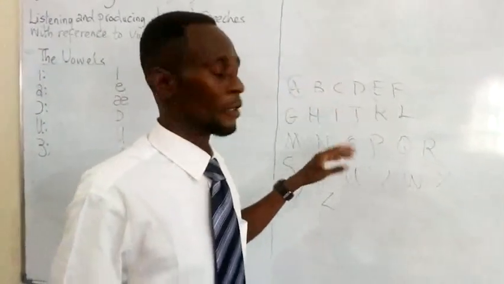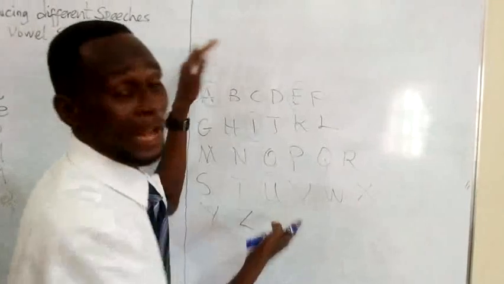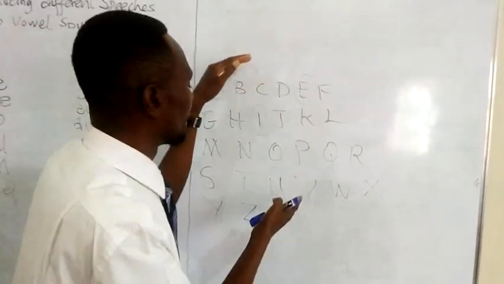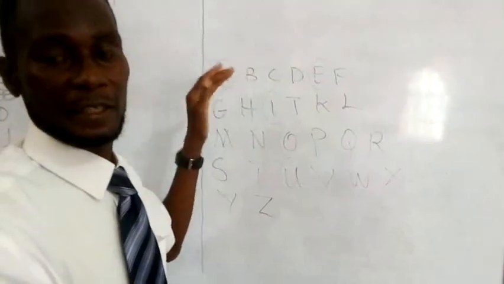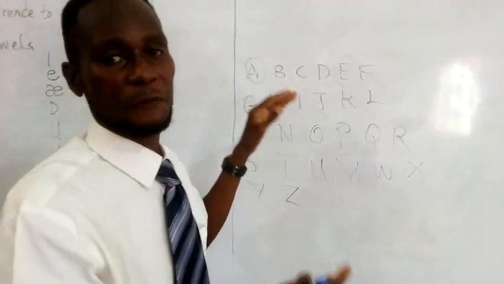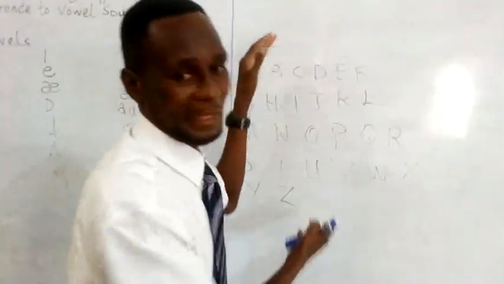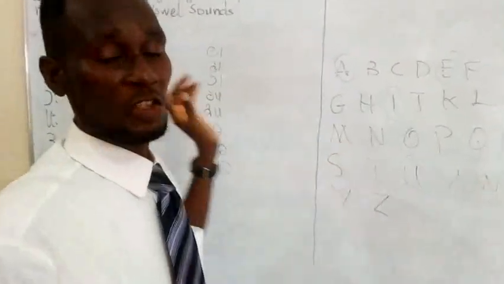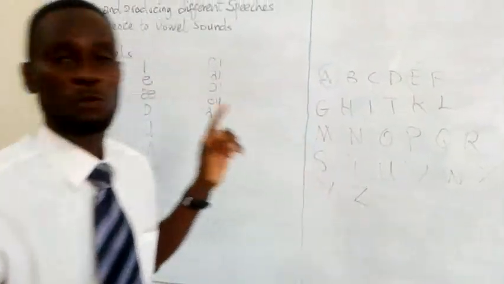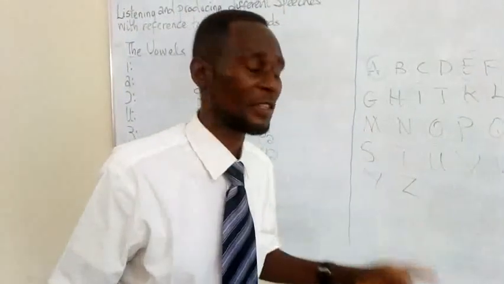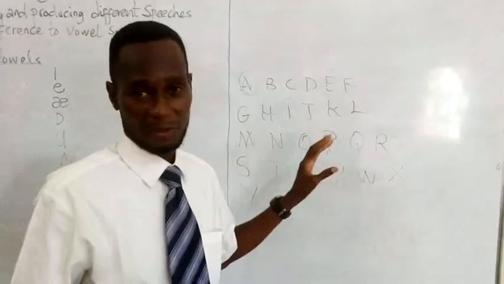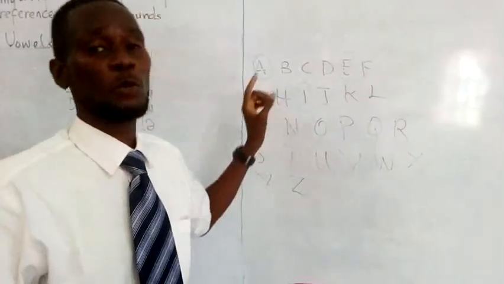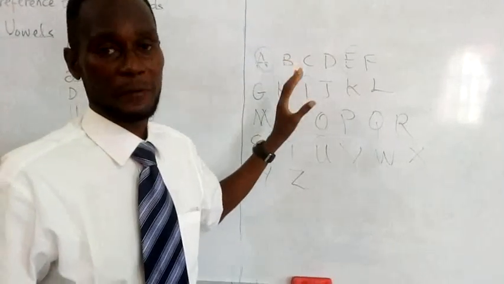Now we have those in the alphabets, but it is more than that. It is more than that because we still have some vowel sounds that are not represented here. So that is why we have this. Please know it now that we have 20 vowel sounds, not 5 vowel sounds. At primary school, you were given this, and that is perfect, that is true.